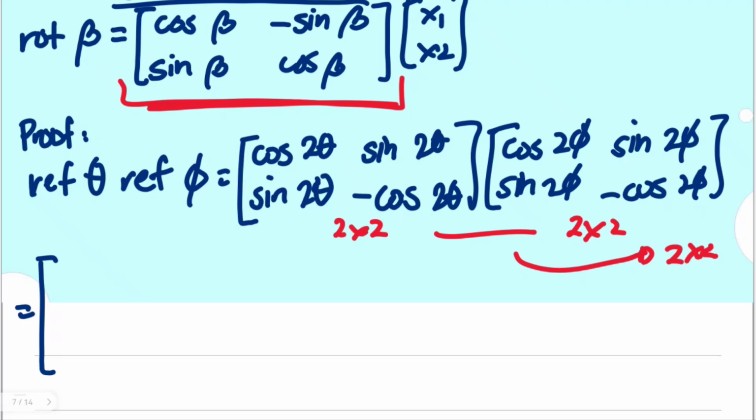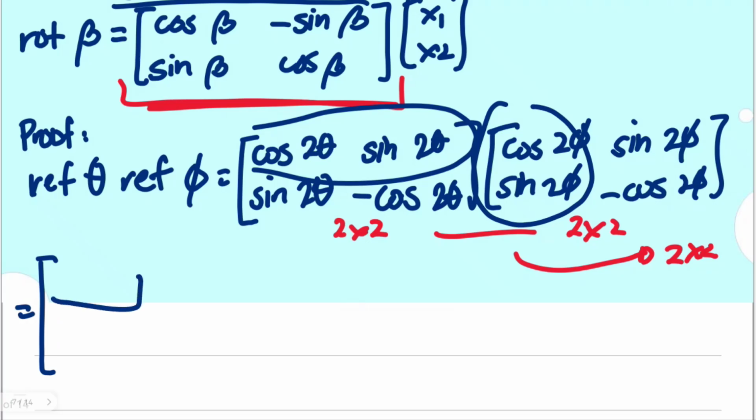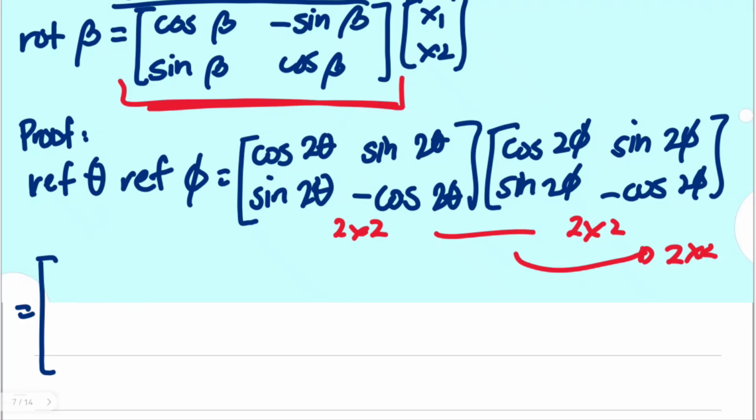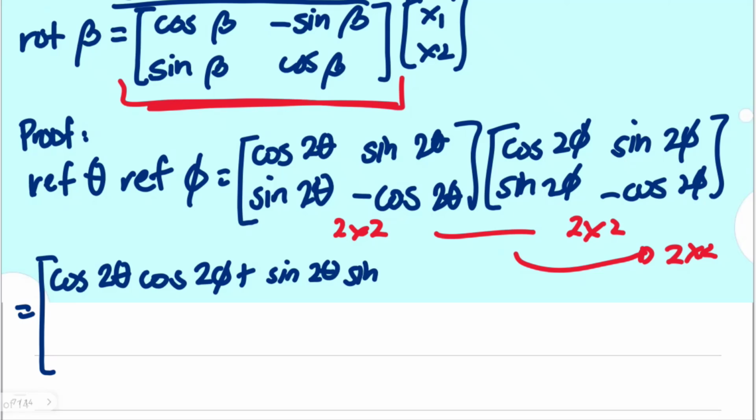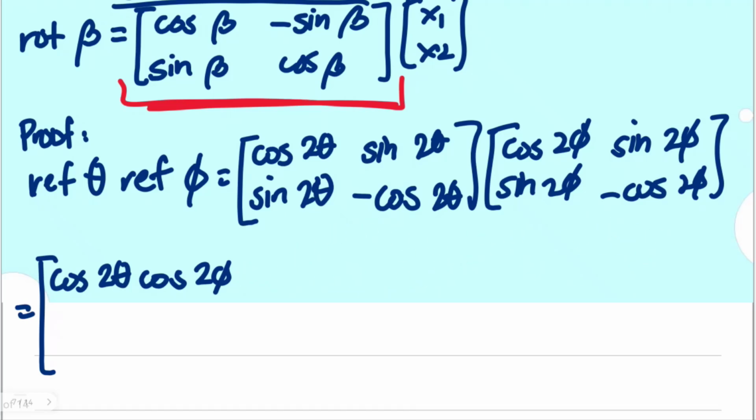Take note that we are going to multiply the first row with the first column to get the first entry here, and so on and so forth when we talk about matrix multiplication. So you will have here the result: cosine twice theta, cosine twice phi, plus sine twice theta, sine twice phi.